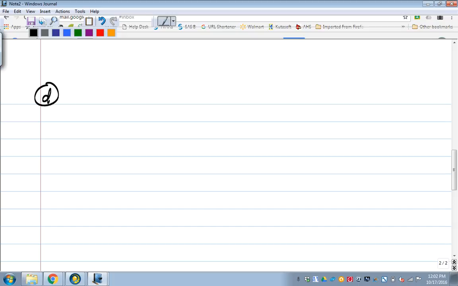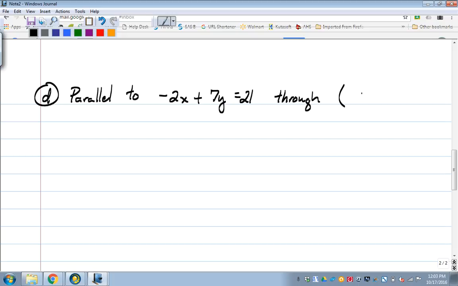Let's say we had parallel to negative 2x plus 7y equals 21 through 3, negative 5.